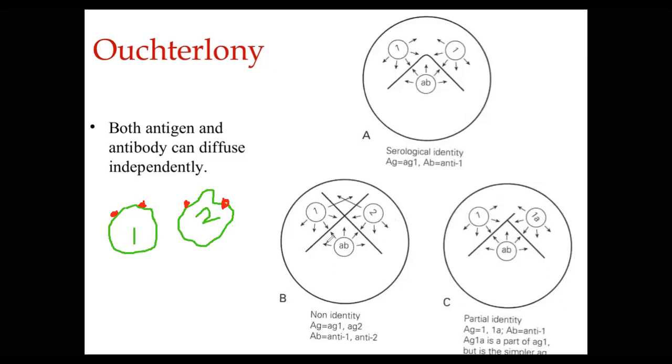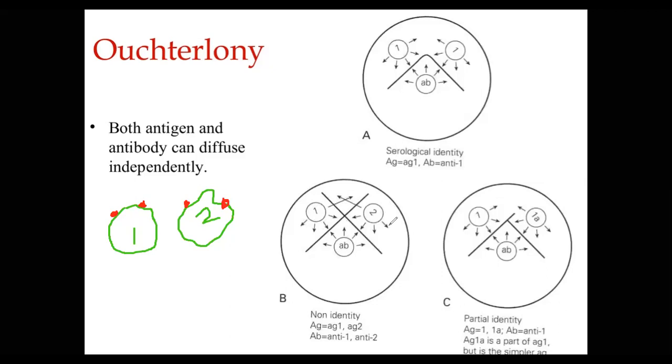Now get to the second diagram. In the second diagram, we added antigen 1 and antigen 2, and then we added antibody. After adding, these antigens will diffuse in particular directions.